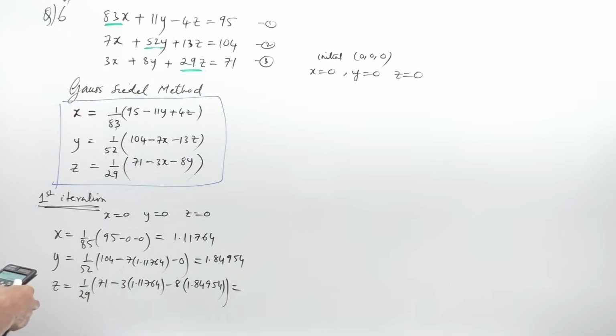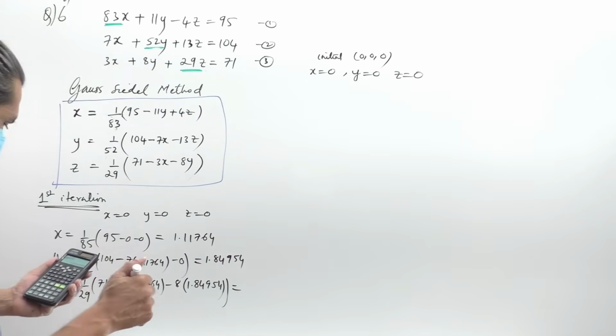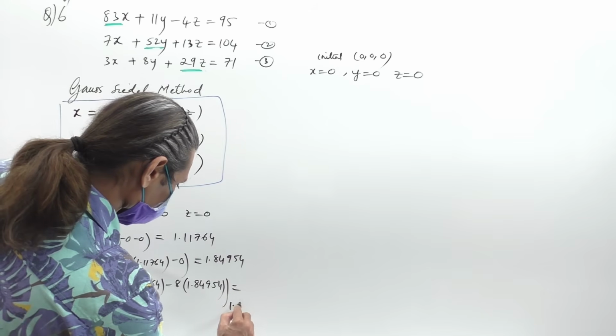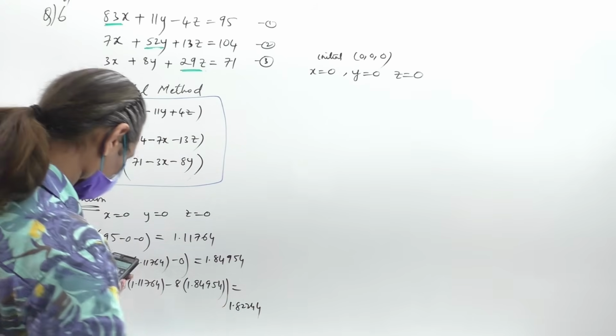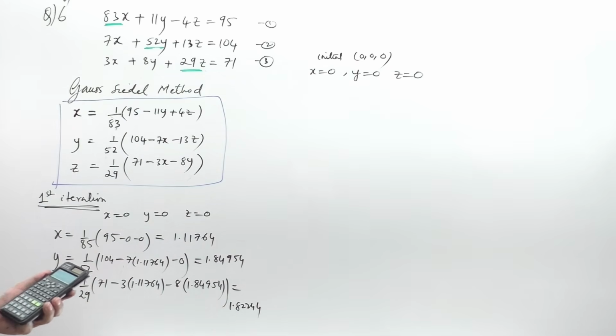So let's solve this now. 71 minus bracket 3 into, put the brackets, 1.11764 bracket closed, minus bracket 8 into answer, divided by 29, equal to 1.82244. Yeah, that's all.